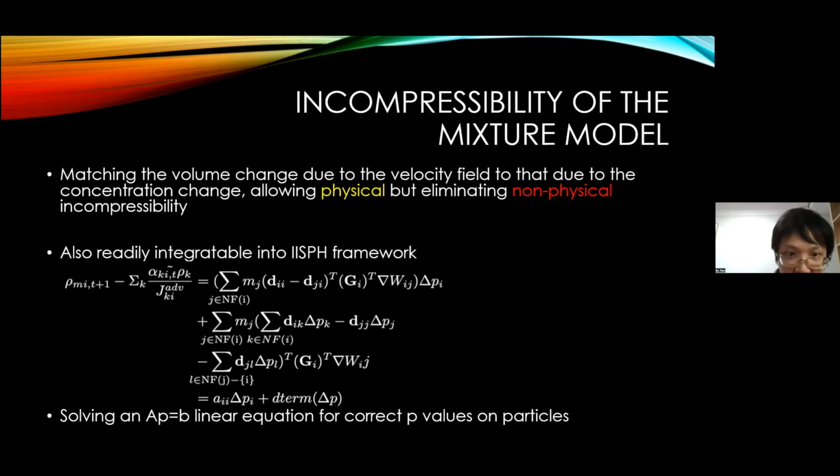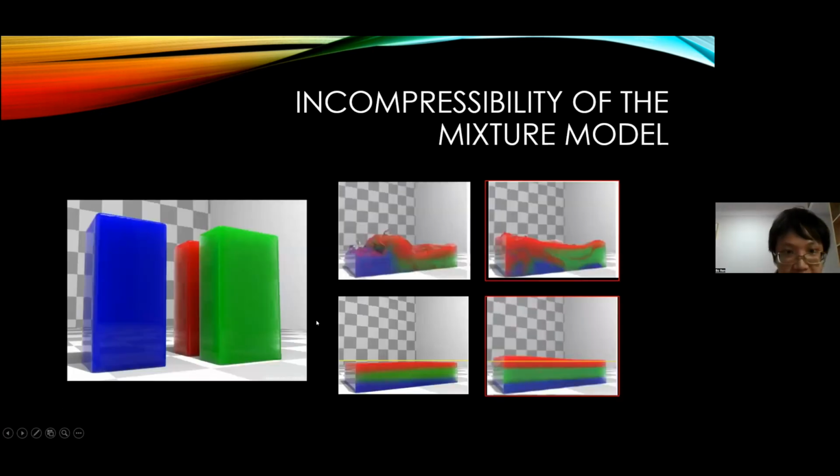Finally, we can integrate our method readily into the IISPH framework as well. The final equations are very similar to the original single phase IISPH version, and we just solve a similar Ap equals b linear equation for the corrective p values on the particles. So these are the results.